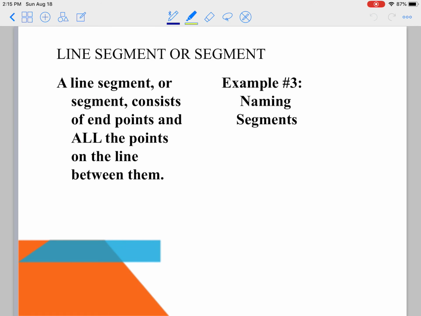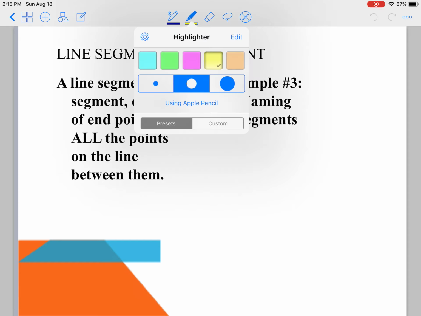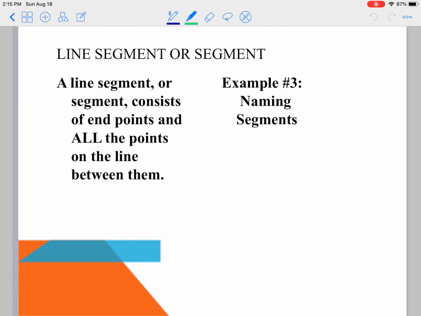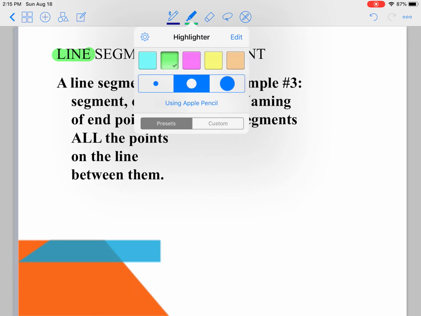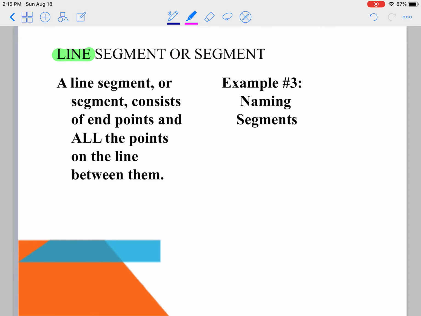So a line segment, or segment. Notice that we still have the word line, but we don't have a full line. We have a segment of a line, so only a part of a line. And so a line segment consists of endpoints. So we have endpoints, which means that it has an end. Remember, a line with arrowheads is without end. A segment has an end. It has endpoints.